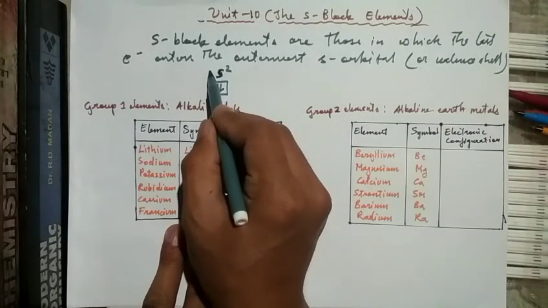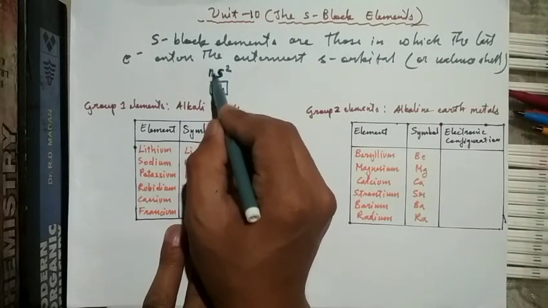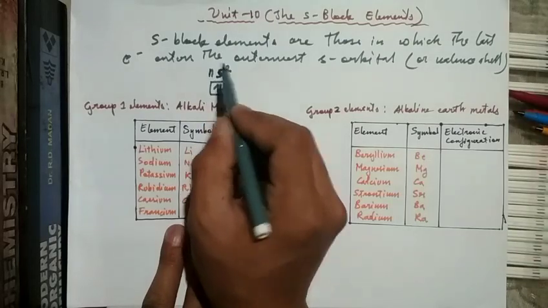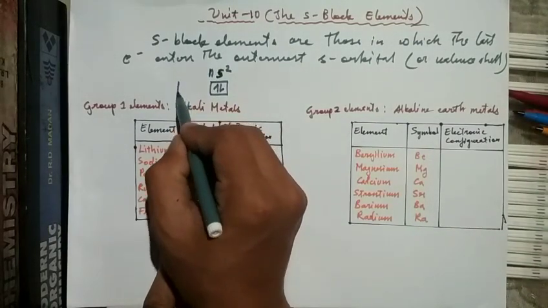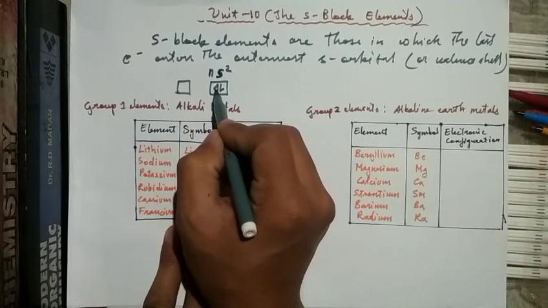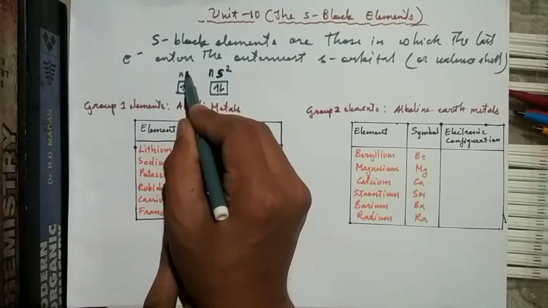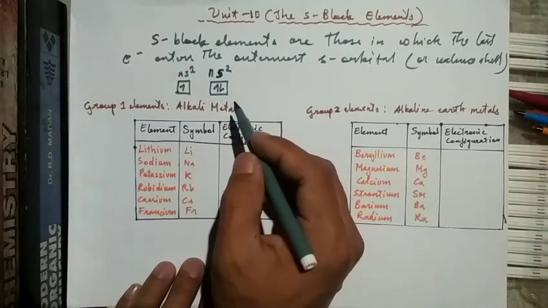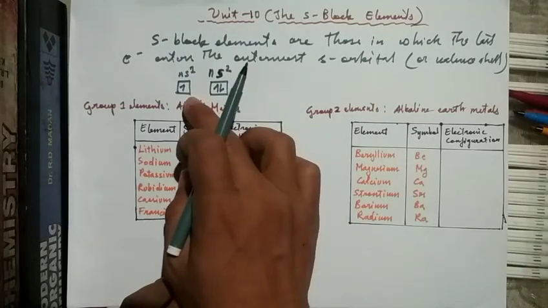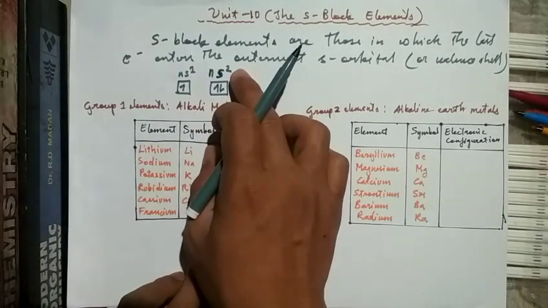Let's take it as n, because we don't know the exact principal quantum number or in which shell it is, so let's denote it by n. It can have either 2 electrons or 1 electron, ns1 and ns2. So there are 2 possibilities: either ns1 or ns2.